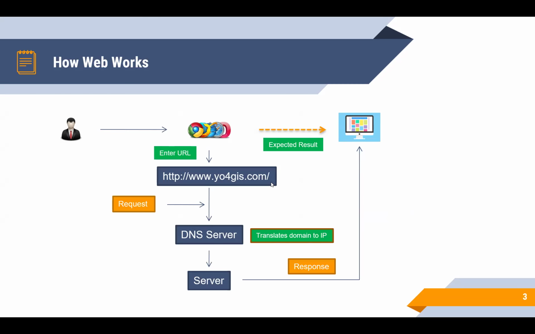What is the role of the domain name server? It translates the domain to the machine IP, because in this world, each and every machine has a unique IP. So whenever we hit www.u4gs.com, this request first goes to the DNS server.